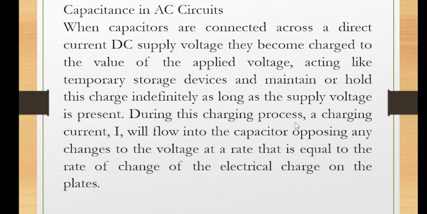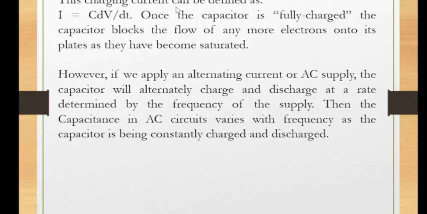During this charging process, a charging current I will flow into the capacitor, opposing any changes to the voltage at a rate equal to the rate of change of the electrical charge on the plate. Thus, charging current can be defined as I is equal to the capacitance times dV/dt. Once the capacitor is fully charged, it blocks the flow of any more electrons onto its plate as they have become saturated. This is like charging of the capacitor.